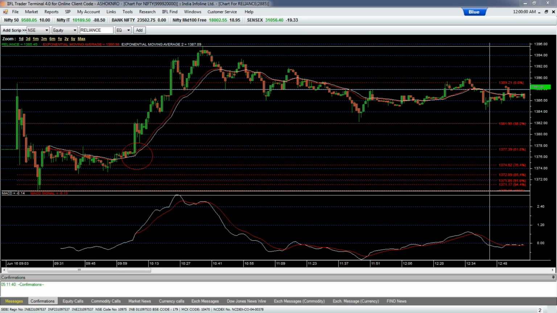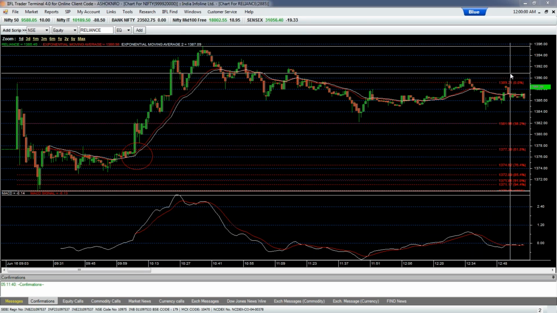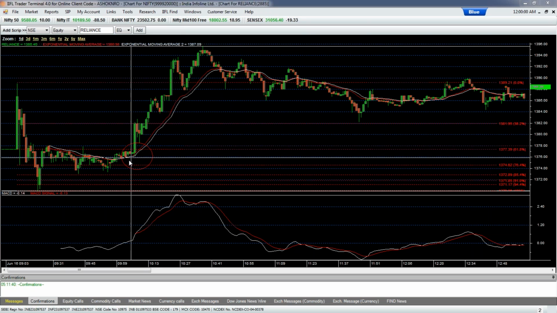Okay, so let's start getting the answers. I want answers from everyone. Why is it a clear buy over here? What are the signals which are indicating that it is a clear buy?